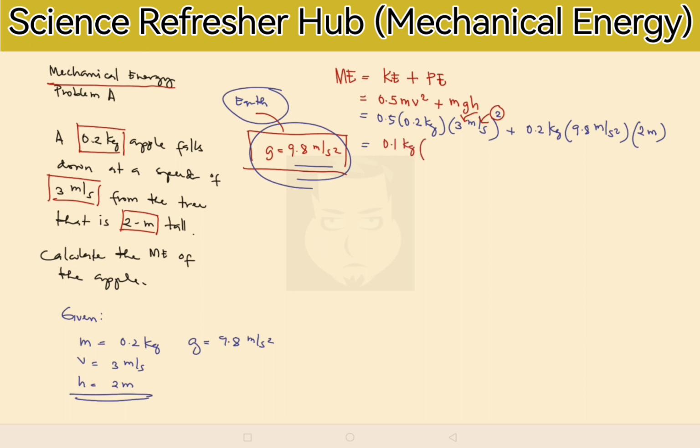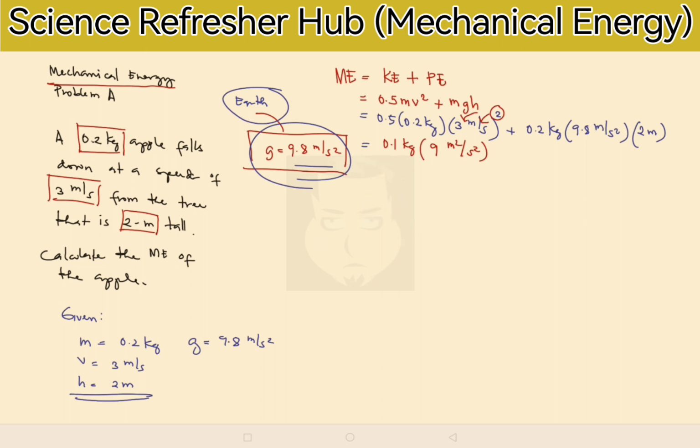And then we will have to square the magnitude. 3 times 3, that's going to be 9. And then meter times meter is meter squared, and seconds times seconds is second squared.